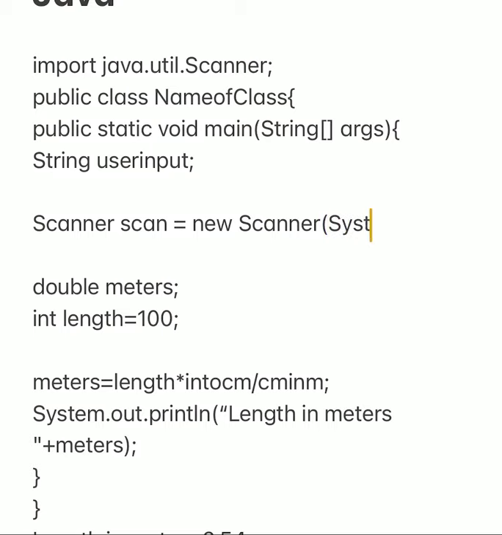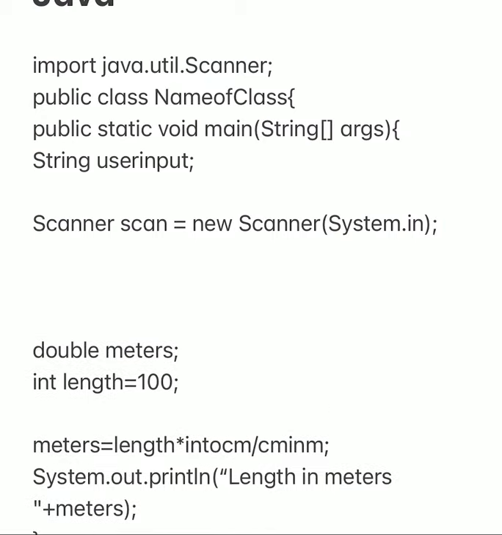Then we want System with a capital S dot in. So that's Scanner, scan, equal sign, space, new, space, Scanner with a capital S, open parenthesis, System with a capital S, dot, as in a period, and then in. Then we'll close the parenthesis, put our semicolon to end the line, and go on to a new line.